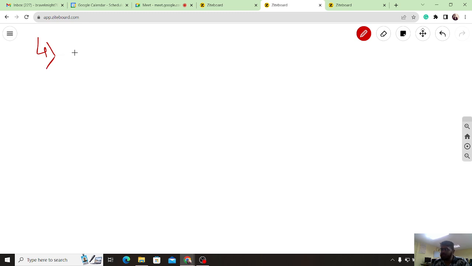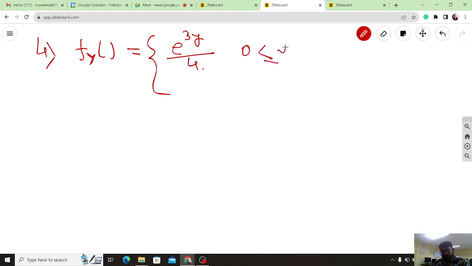Question number 4 says we have a function that depends on the random variable y, which is e to the power 3y by 4, such that y is in the interval b to 0 and otherwise 0.